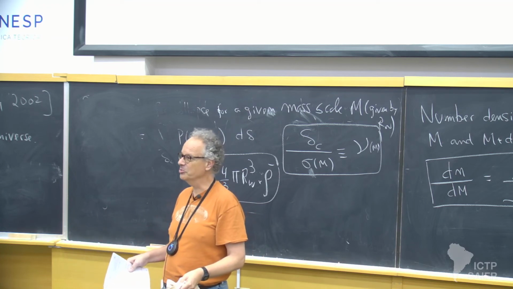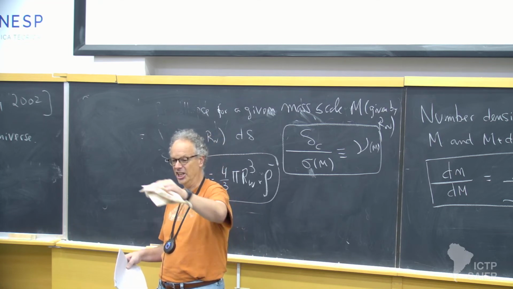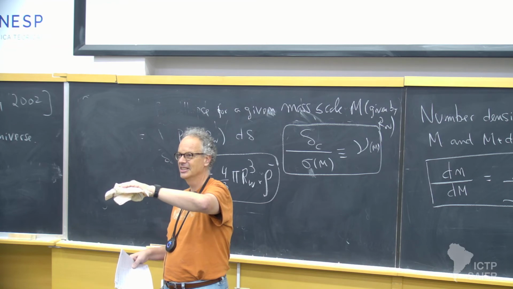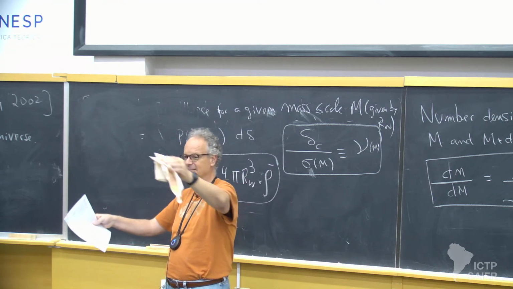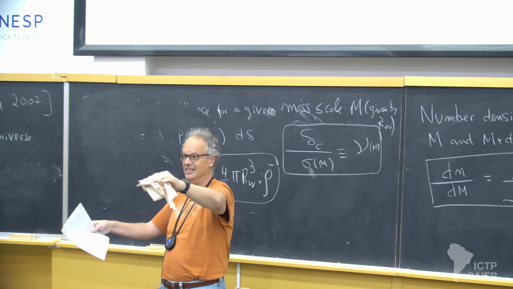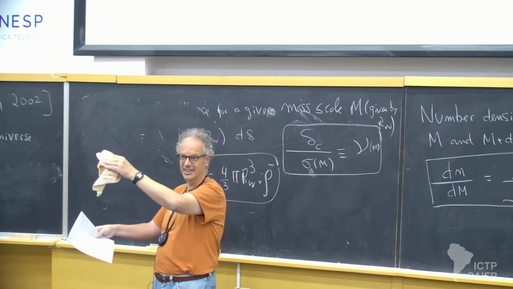So imagine you have a halo, you have matter, and you have density in the halo. The density is not constant. It actually increases at the center.